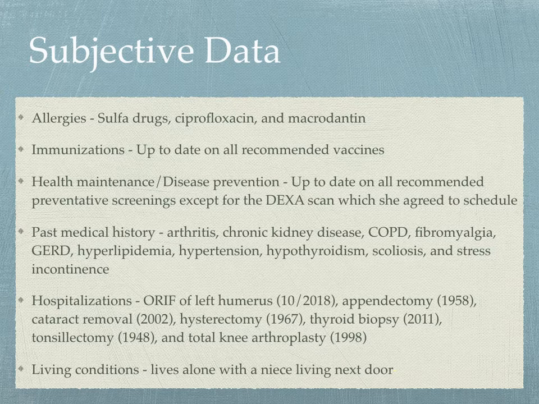She has a past medical history of arthritis, chronic kidney disease, COPD, fibromyalgia, GERD, hyperlipidemia, hypertension, hypothyroidism, scoliosis, and stress incontinence. Her hospitalizations include the ORIF from the motor vehicle accident that we discussed, an appendectomy, cataract removal, hysterectomy, thyroid biopsy, tonsillectomy, and total knee arthroplasty. She lives alone, and her niece lives next door, but she's been independent until recently.